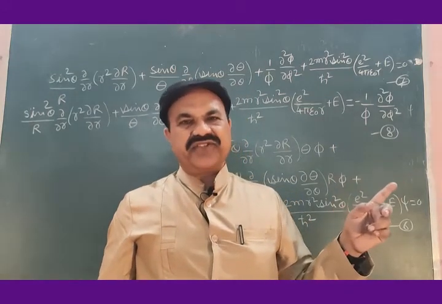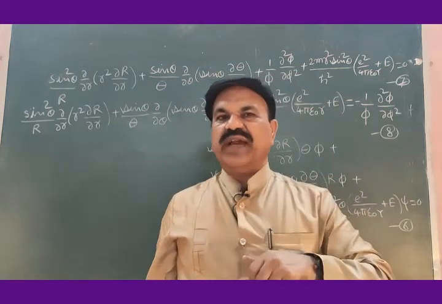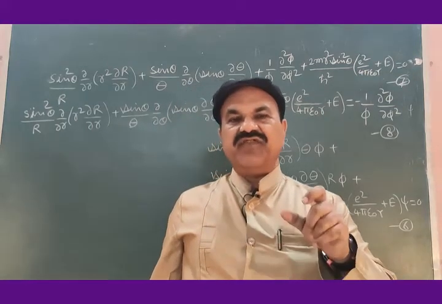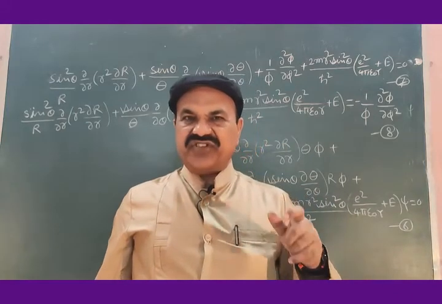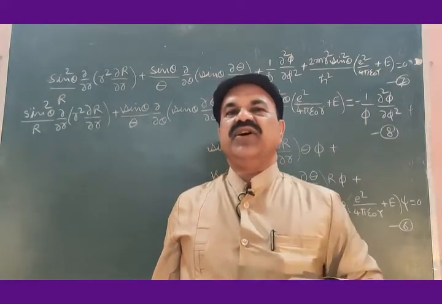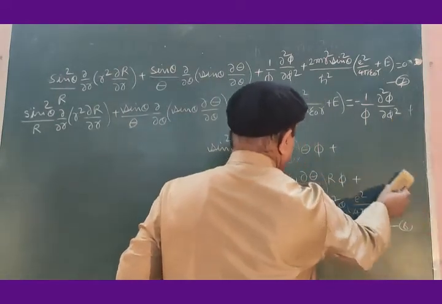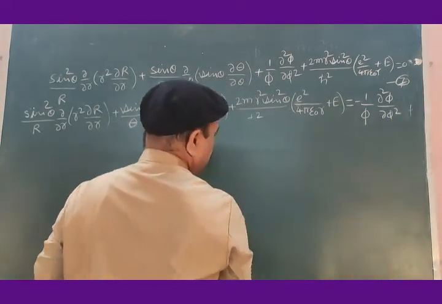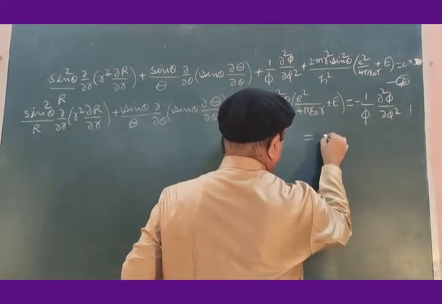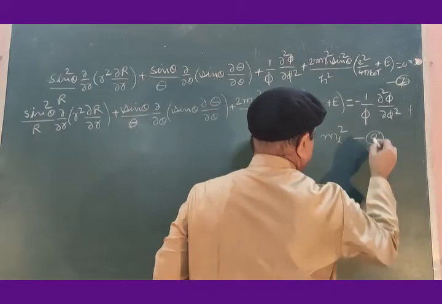Second thing, RHS is a function of only phi, whereas LHS is a function of 2 variables, r and theta, and therefore equation 8 will be valid if RHS of equation 8 and LHS of equation 8 are equal to the same constant. For simplicity, let me assume that LHS and RHS of this equation are equal to ml square, a constant, equation number 9.